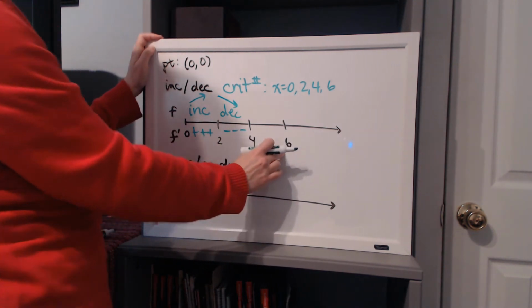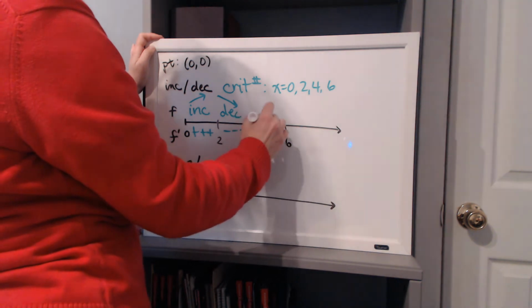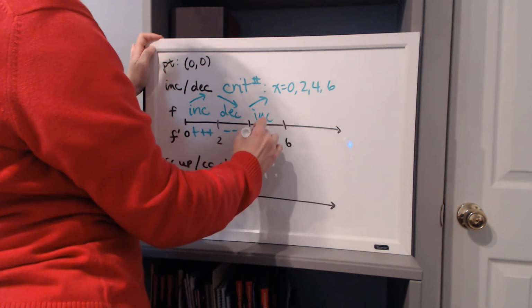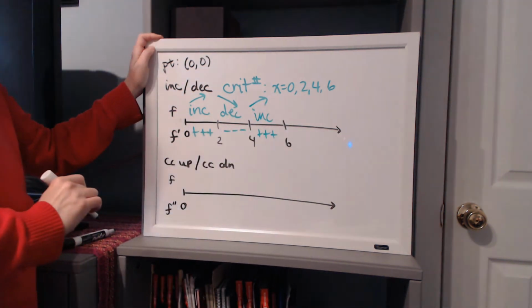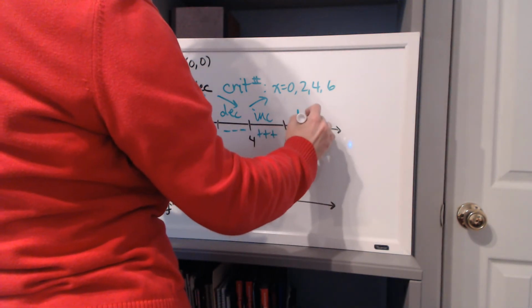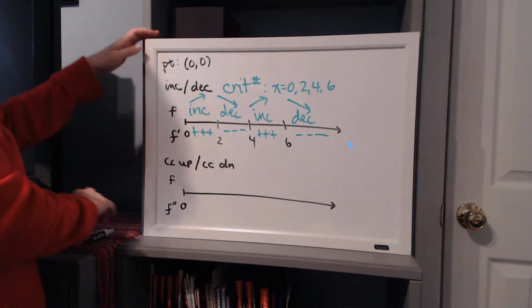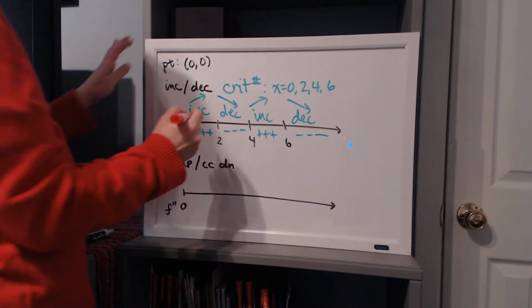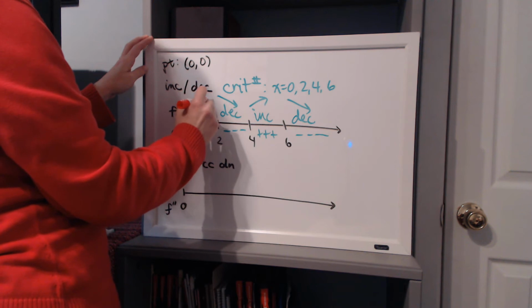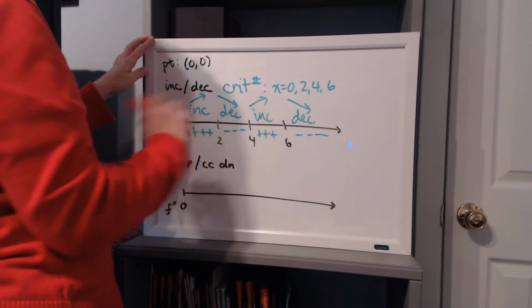Between 4 and 6, we're going to be increasing again, and that's because the first derivative is positive. And then from 6 onward, the function is decreasing because the first derivative is negative. So we can notice in here we have a local max right here at 2, a local min at 4, and then another local max at 6.